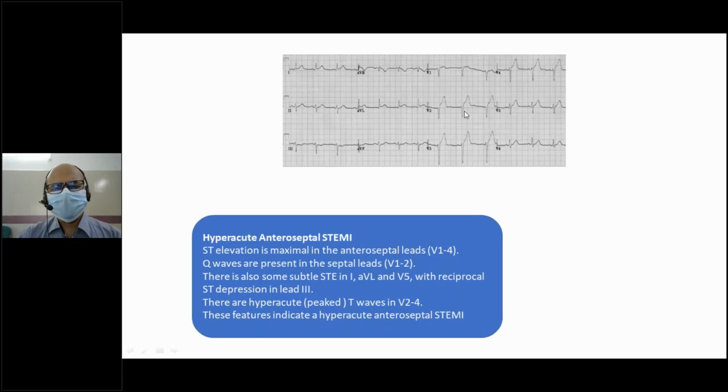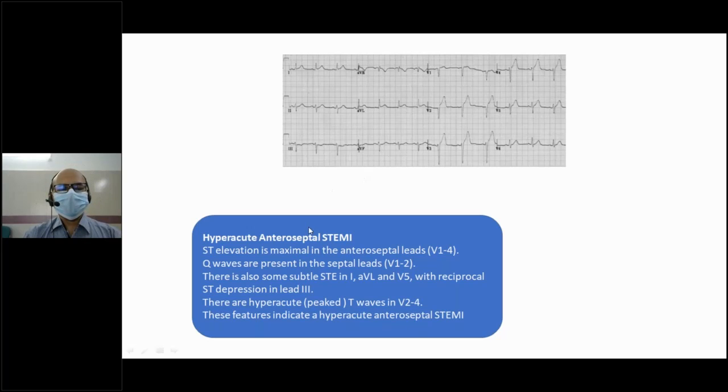So what is pathological Q wave? Pathological Q wave means a deep and wide Q wave in relation to the corresponding R wave. When the Q is deeper than one quarter of the corresponding R wave and wider than 1 small square, this is pathological Q wave, and pathological Q wave always indicates myocardial necrosis.